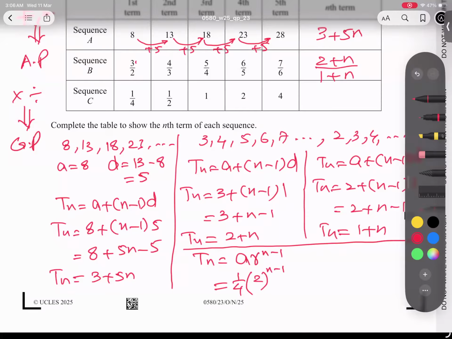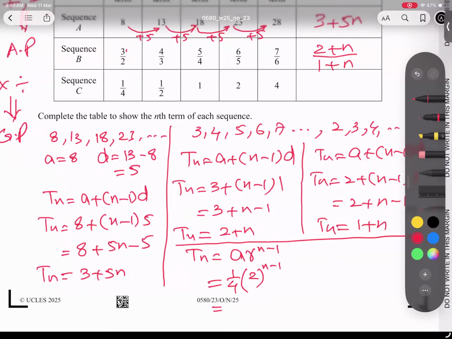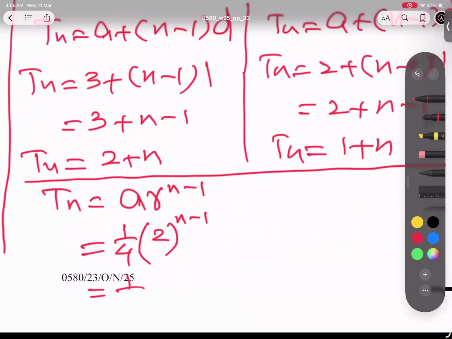Now, students, I have to simplify this. How do we get it? This I can split now: 1 over 4, and this I can write as 2 to the power n divided by 2 to the power 1. I can do it another way: since there are two bases, I try for the same base, 2 to the power 2, and use upper power minus lower power.